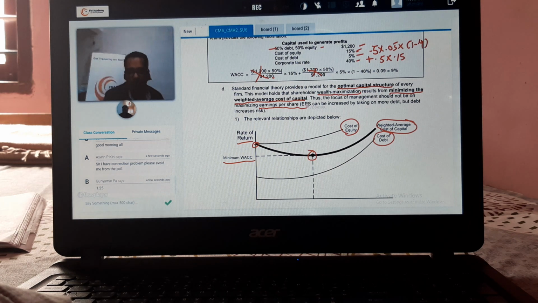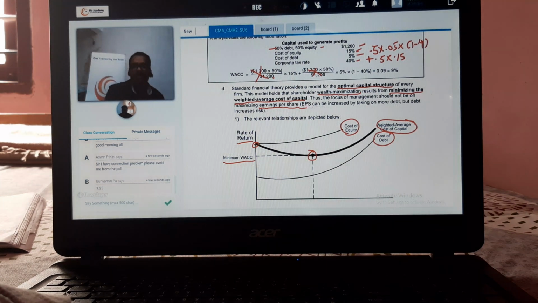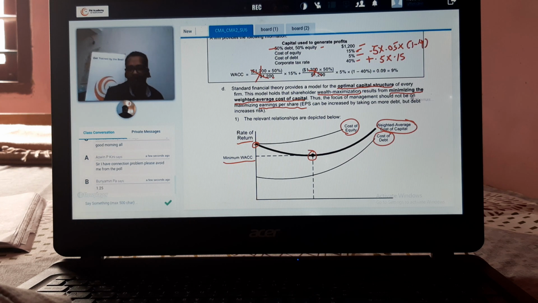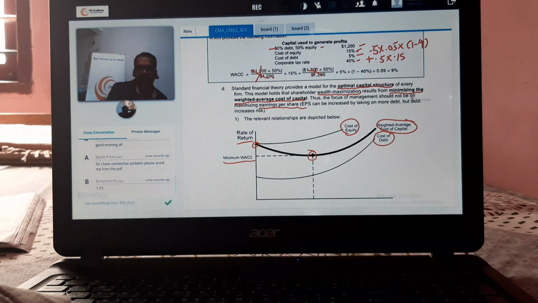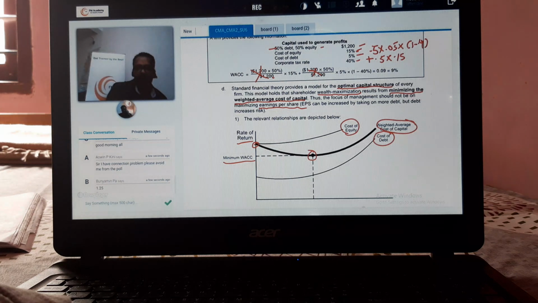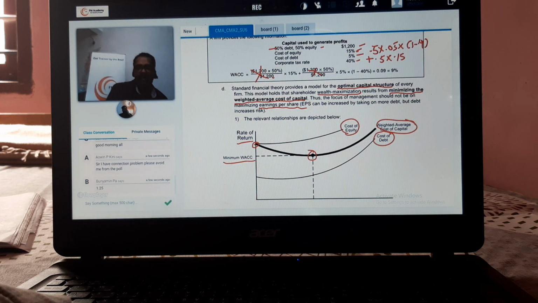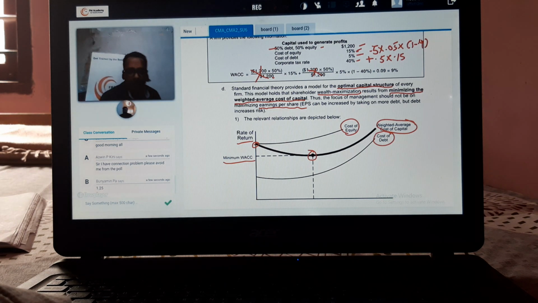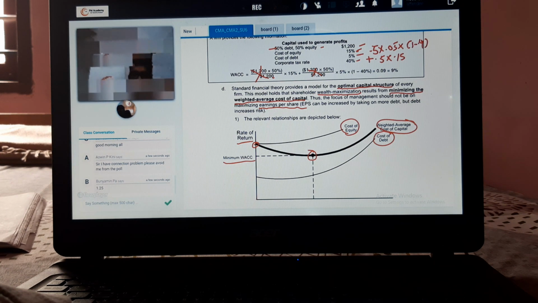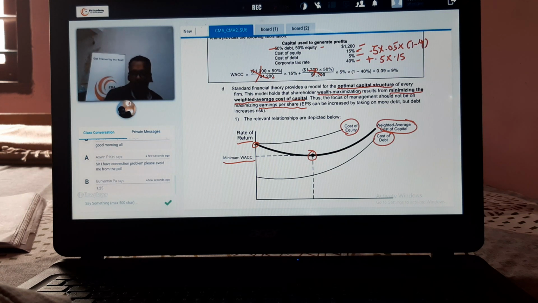No. You can maximize EPS by taking more debt, but what is happening? You will increase the risk. If you go to the right side, you are increasing the risk on the balance sheet. So optimal capital structure is not the point which gives the maximum EPS. Optimal capital structure is the point which maximizes the value of the firm, not EPS.